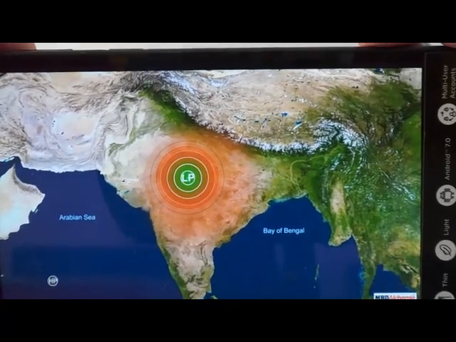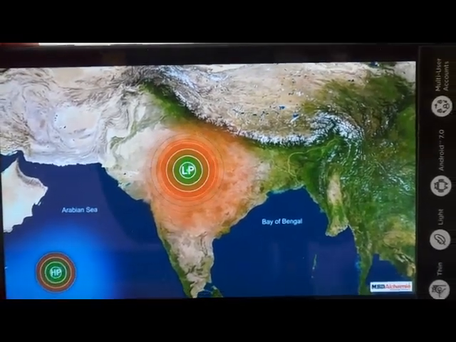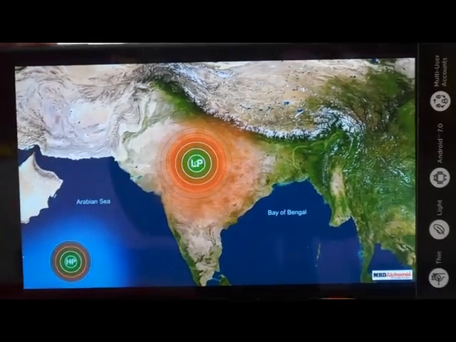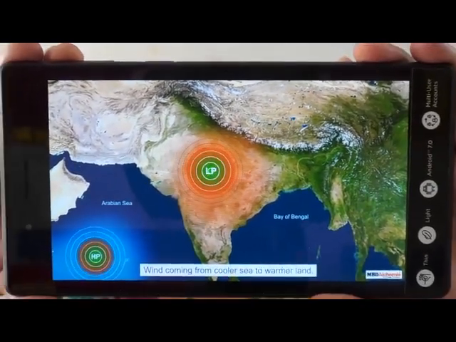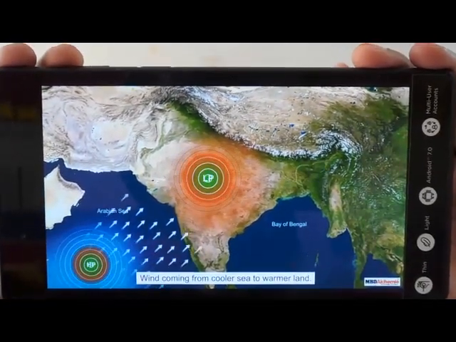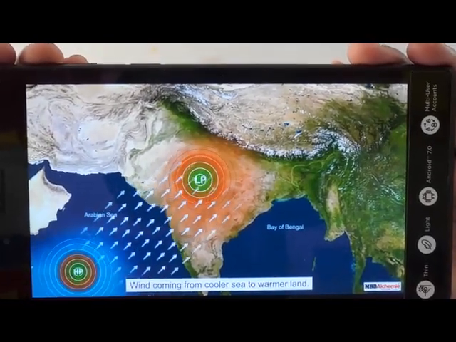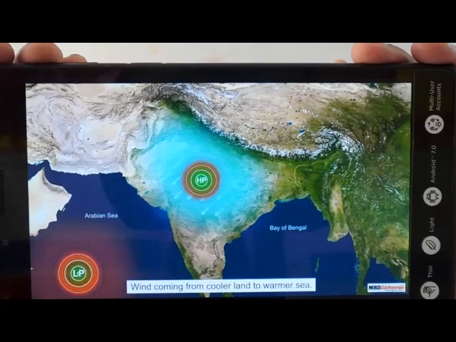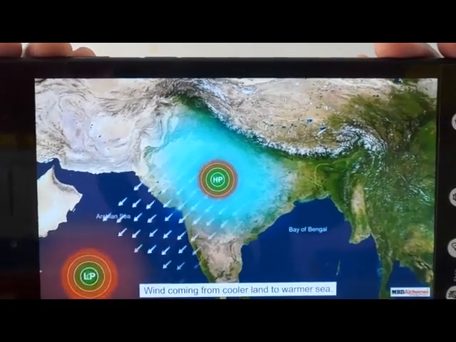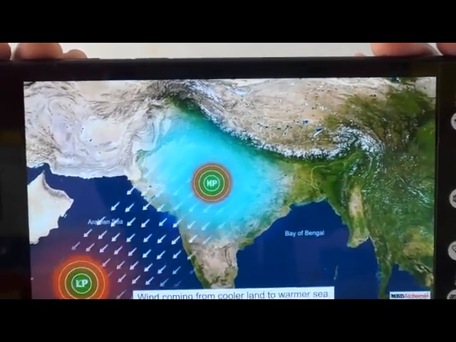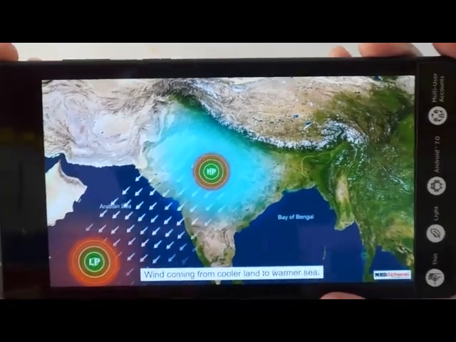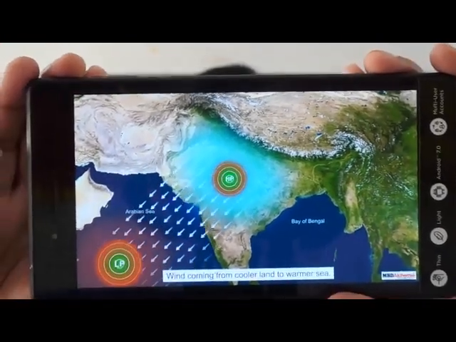Simultaneously, high pressure develops over the seas and oceans surrounding India. Thus, a steady flow of moisture-laden wind moves towards India and causes rainfall for almost 3 months. As the pressure system reverses due to the apparent shifting of the sun from the Tropic of Cancer to the equator, the wind also reverses back to the same direction from where it came.